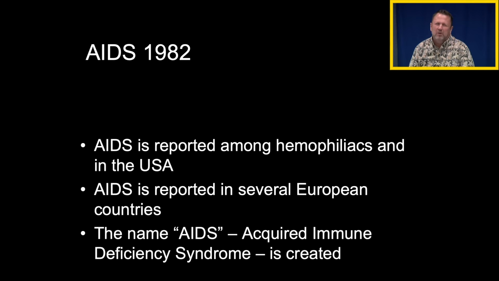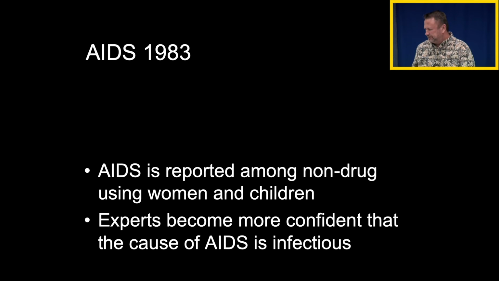Hemophiliacs have something wrong with their clotting and require blood transfusions. And so now we're starting to see in 1982 that people are developing AIDS after they've had a blood transfusion. And then AIDS starts to develop in Europe as well. And so 1982 is where they came up with the name AIDS, Acquired Immune Deficiency Syndrome.